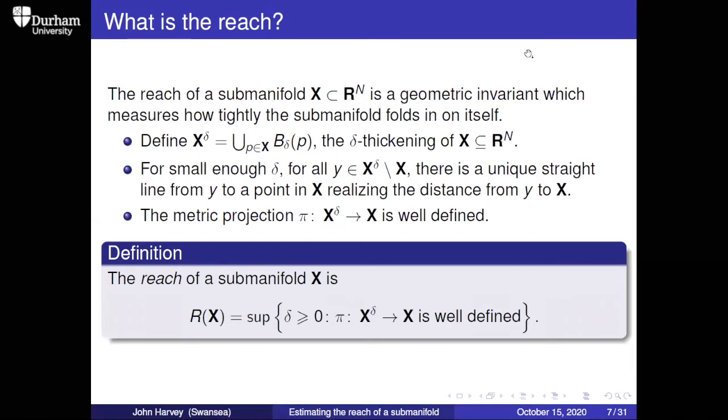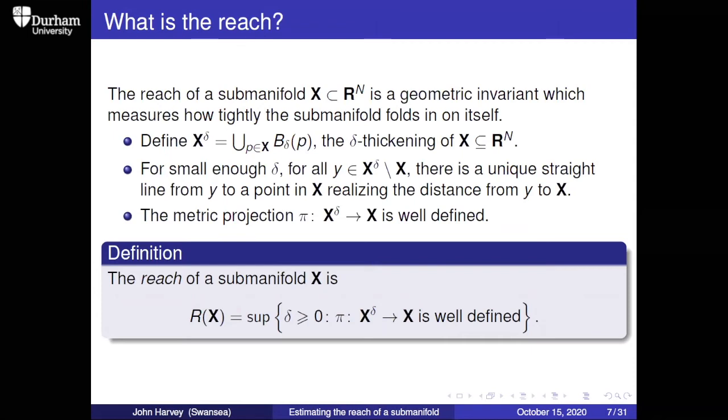Let me give a textual definition of the reach as well, which is a bit more dense. If you have a submanifold X, then what you do is you take the delta thickening of X. So you just look at every point in the ambient space that is delta close to a point in X. And then if delta is small, you've got a tubular neighborhood of X. So for any point Y that's in the delta thickening, it's got a unique closest point X, and the line from Y to X will realize the distance from Y to the submanifold.